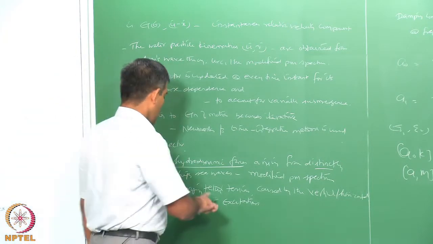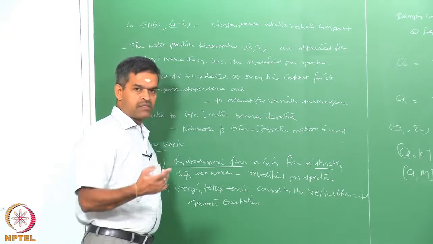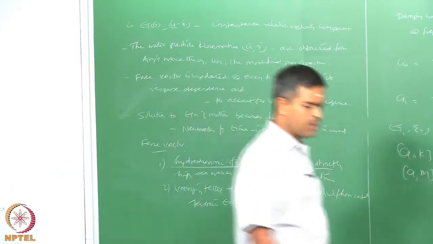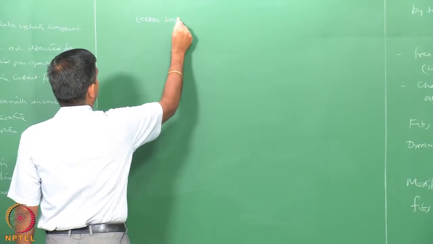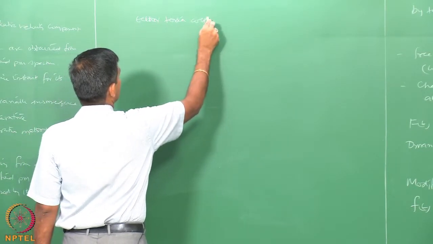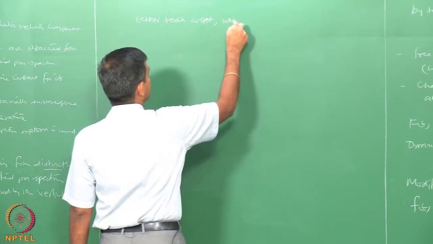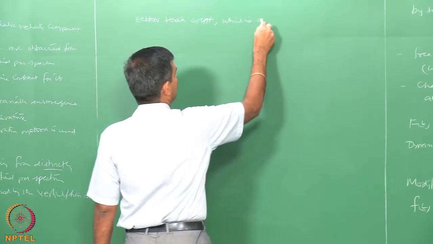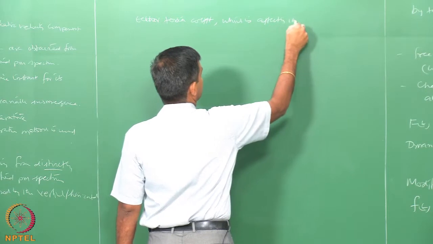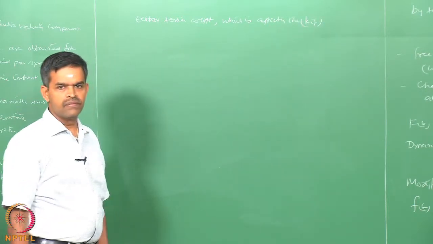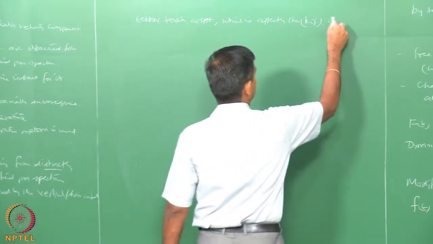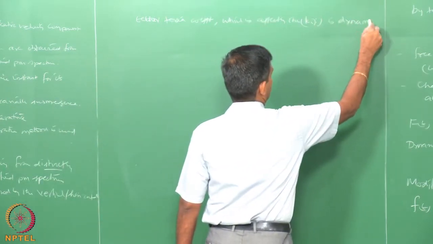Now, the tether tension variation which affects the stiffness coefficient is very simple. The tether tension coefficient which is influencing the stiffness matrix coefficients is dynamic in nature.